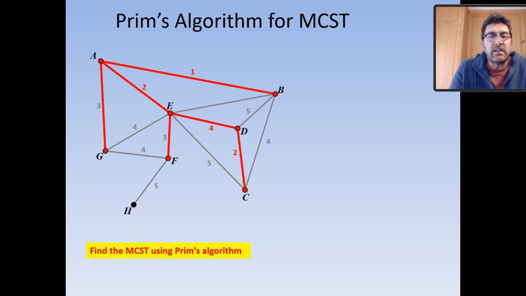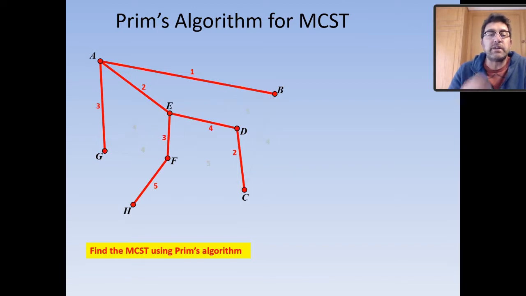From G then, if I go to E, I form a circuit, and if I go from G to F, I form a circuit as well, so I'm not going to choose any one of them. There's one unvisited vertex, and that's the one here at H. So from H, I go from F to H, which has a weight of 5, and that's going to be my spanning tree, and my spanning tree here will have a weight of 20.